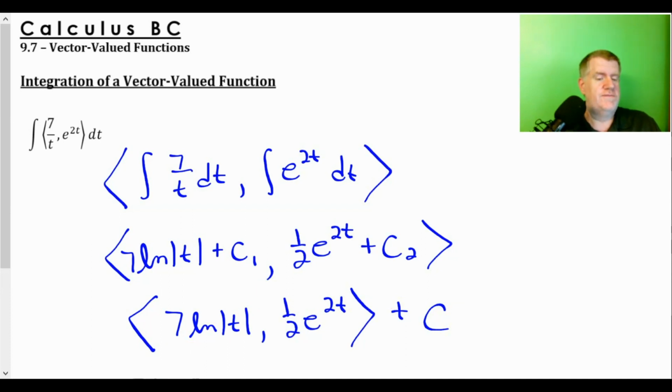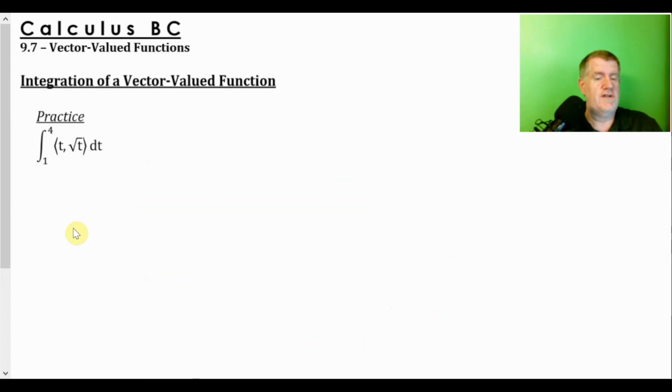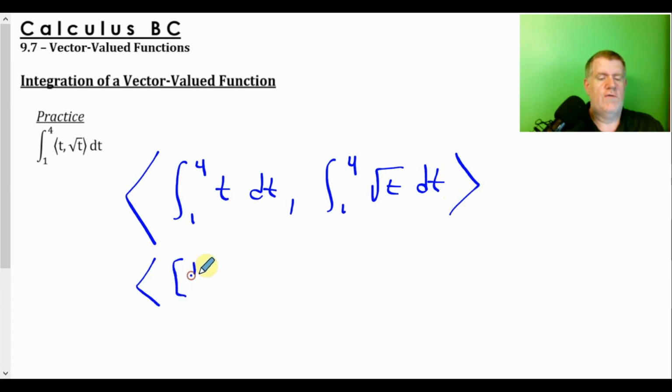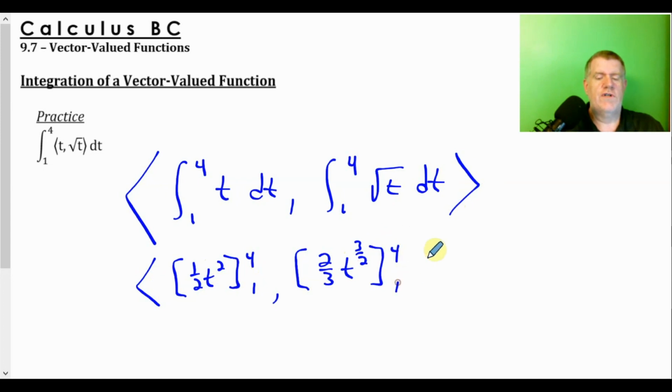All right, last one. And a definite integral, well, it's the same exact thing. We're going to go from 1 to 4 of t dt, and from 1 to 4 of square root of t dt. So let's see what we got. This would be 1/2 t squared from 1 to 4. This one would be 1/2, so you raise it to 3/2, so 2/3 t to the 3/2 from 1 to 4.